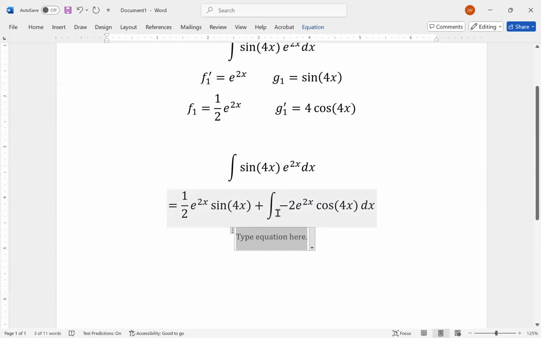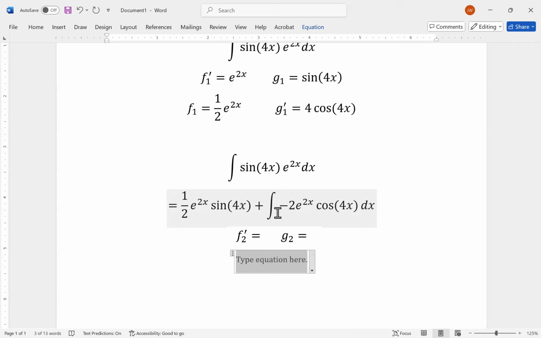So we're going to go f sub 2. We're going to have a second f prime and a second g.